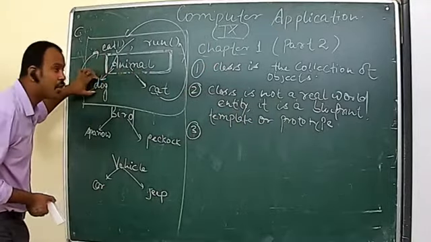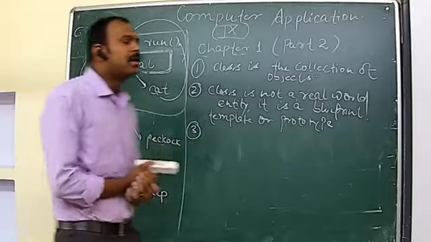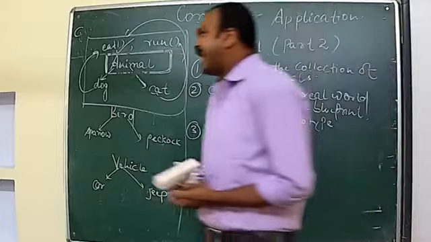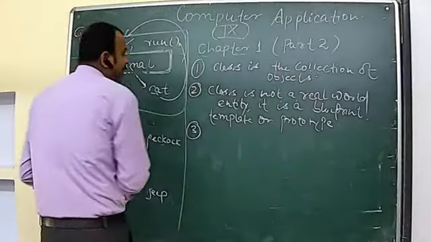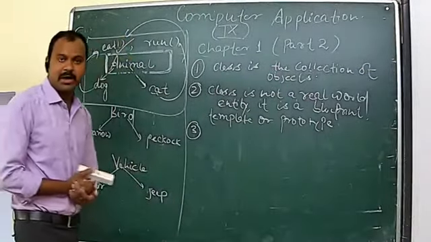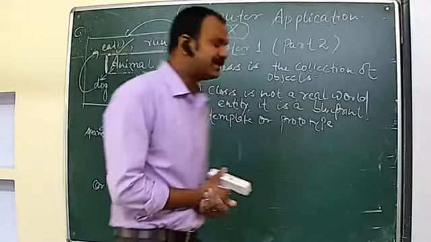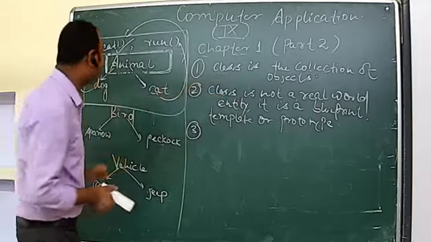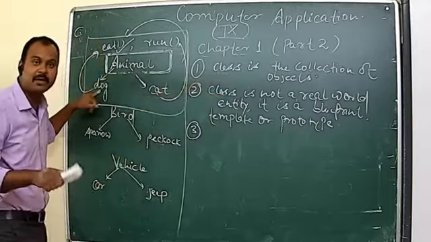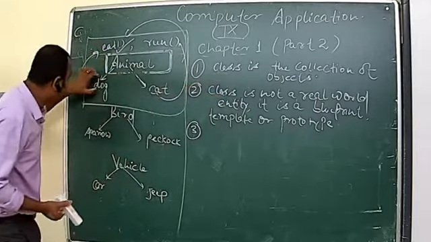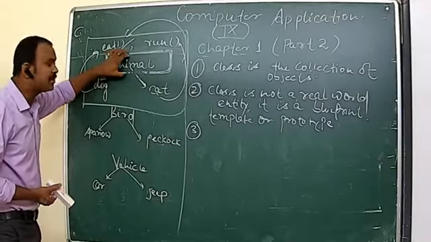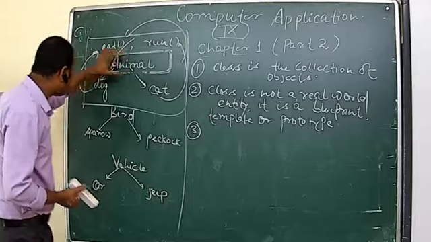Just take an example that you keep a dog at your home. If I say animal occupies space, it is not correct, because animal is a conceptual thing and not a real world entity. But if you keep a dog at home, definitely this dog will occupy space. So you can say that class does not occupy space, but an object does.